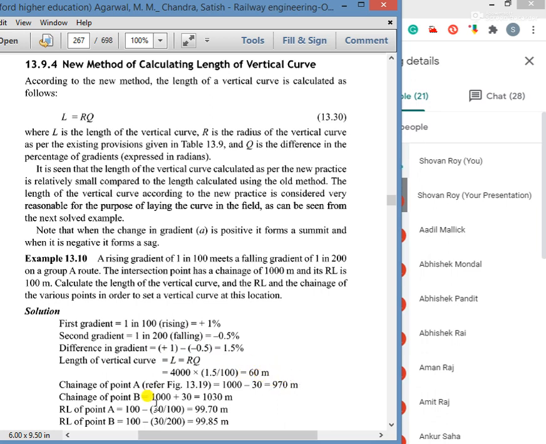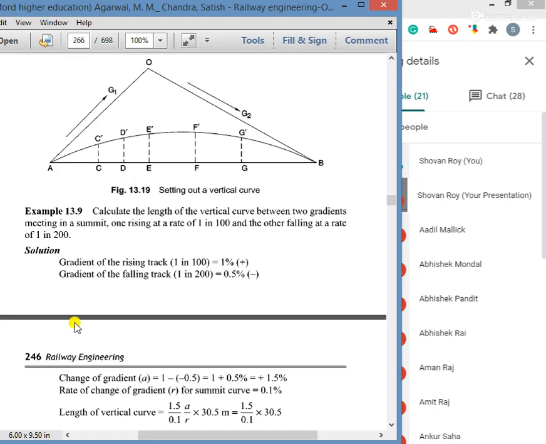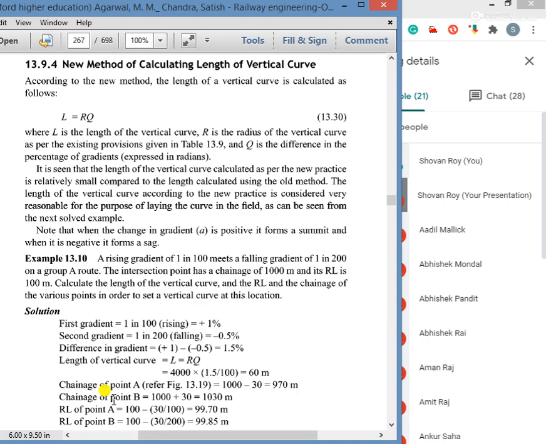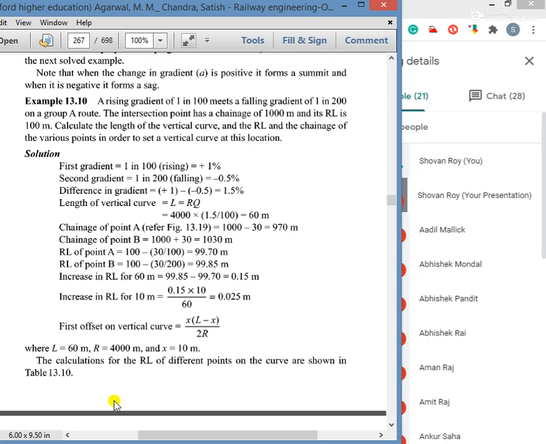Now the chainage of point A in this figure. Our chain is 30 meter, so first we have to subtract from the intersection point. The intersection point has a chainage of 1000 meter. Because A is the starting point, first minus: 1000 minus 30, that is 970 meter.